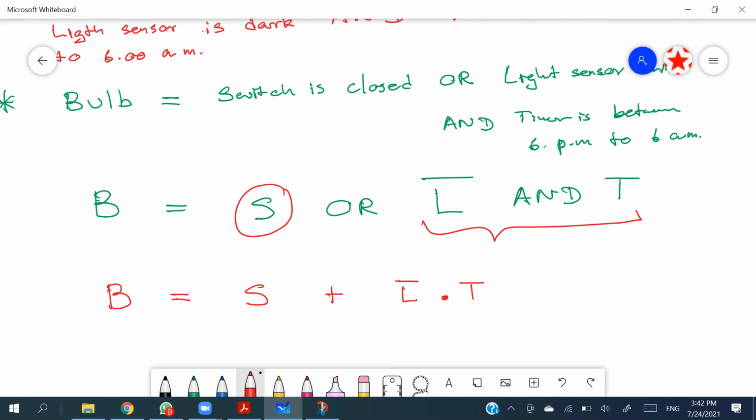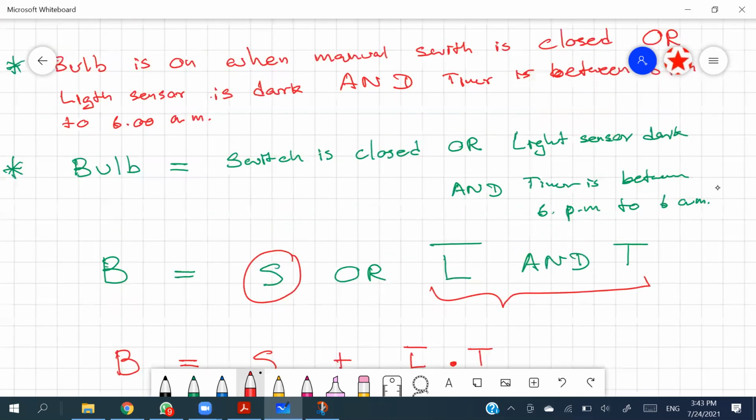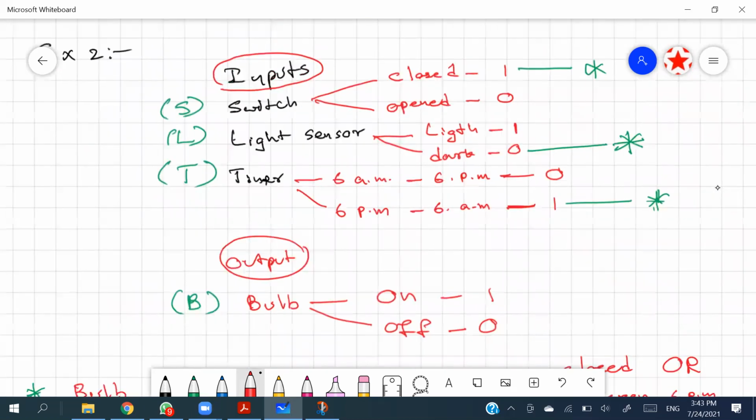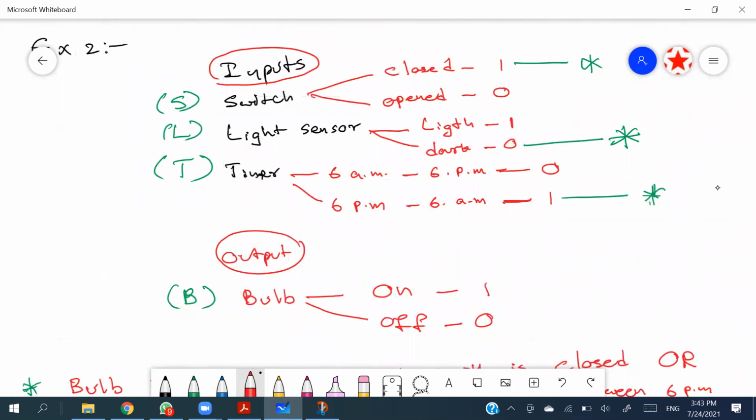Yes everyone, is this clear? Can you understand the states of the inputs and the outputs?